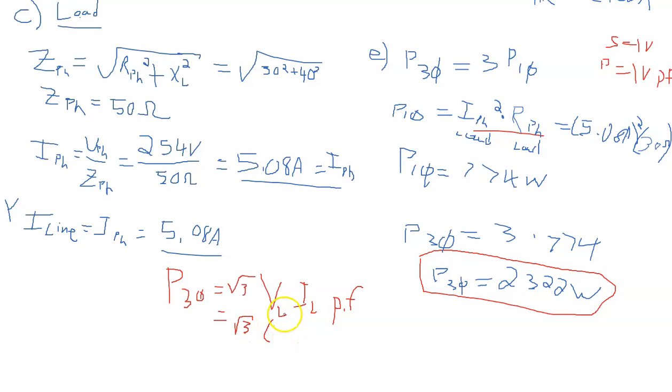So V line in the load is the same wherever you look at it, 440 volts. And I line from the load is 5.08 amps. But we need the power factor, and we don't have it.